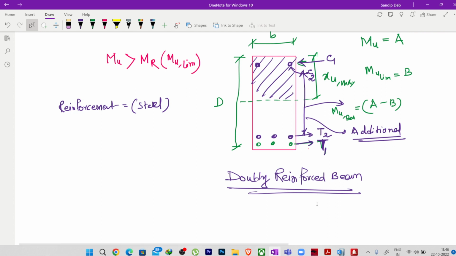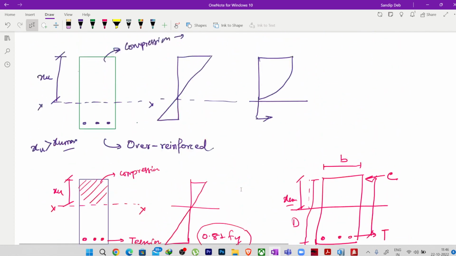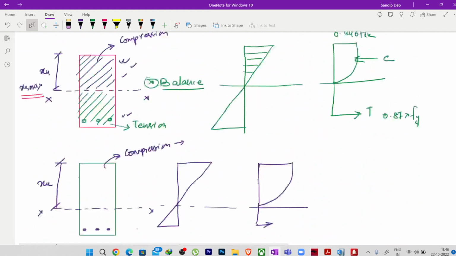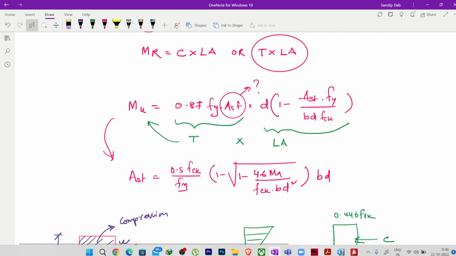Now for the singly reinforced section it is very easy, right? We get the analysis moment, we put the value here and we get the AST.